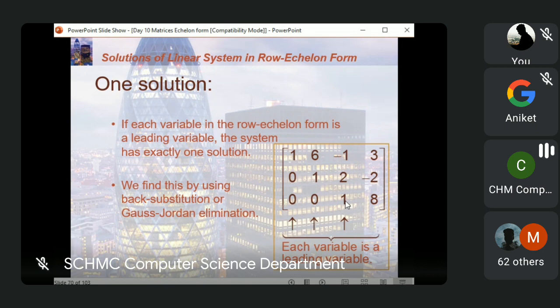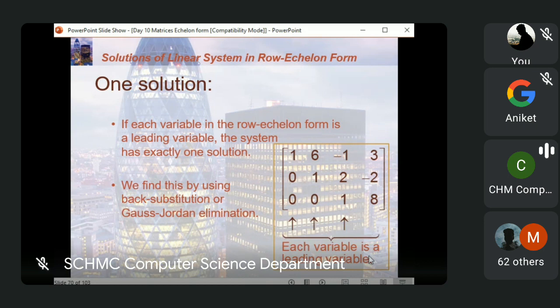I'll get z equal to 8. Then y plus 2z equal to minus 2. I can substitute the value of z and get the value of y. Then x plus 6y minus z equal to 3. Now I know the values of y and z, I'll substitute in this and get the value of x.